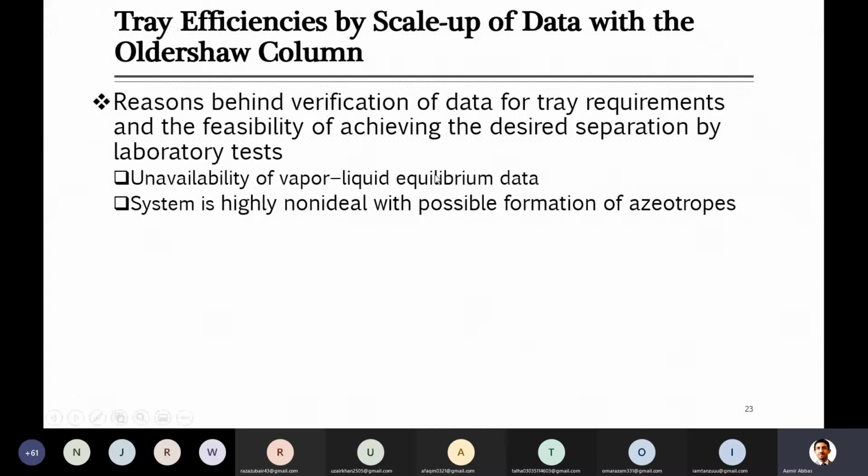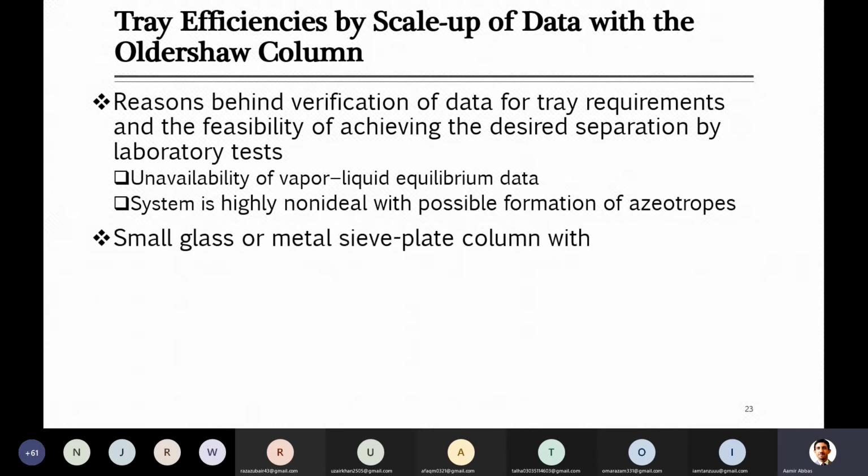So in this case that will not be feasible. As well, if your system is highly non-ideal with possible formation of azeotropes, in those cases also the efficiency predicted by the earlier method will not be good, or will not be sufficient. So then there is a need to perform some experiment and calculate the efficiency or number of trays required for some specific separation.